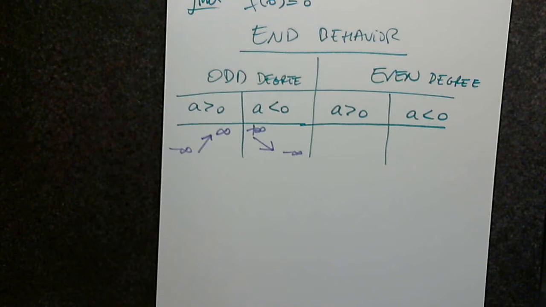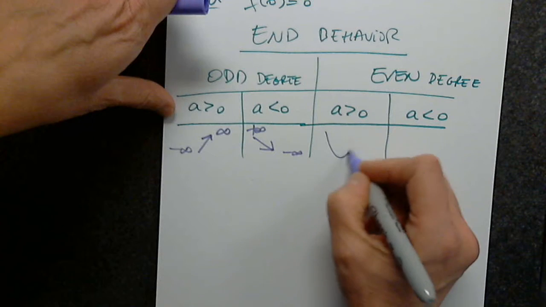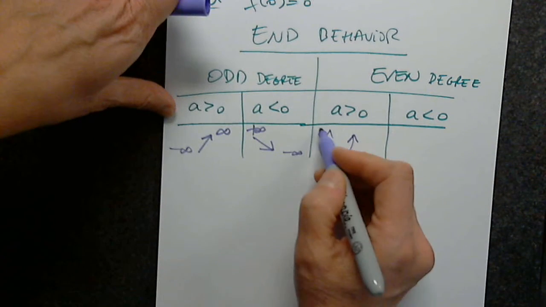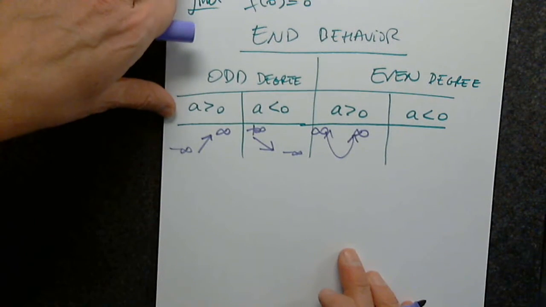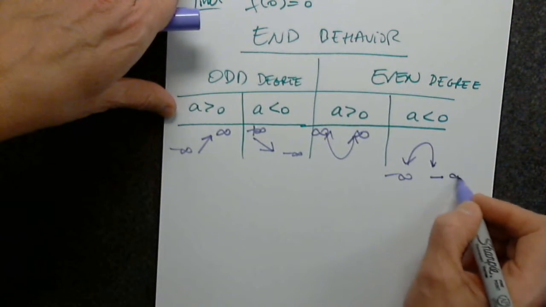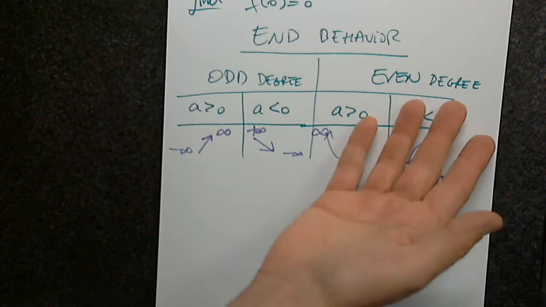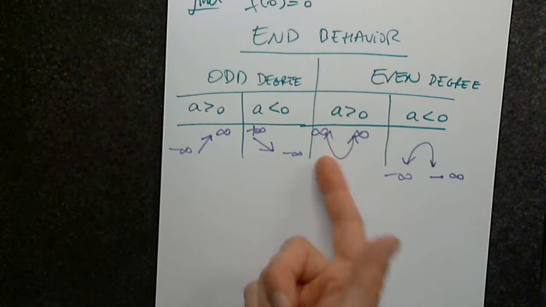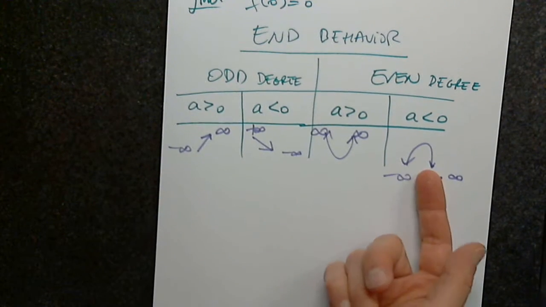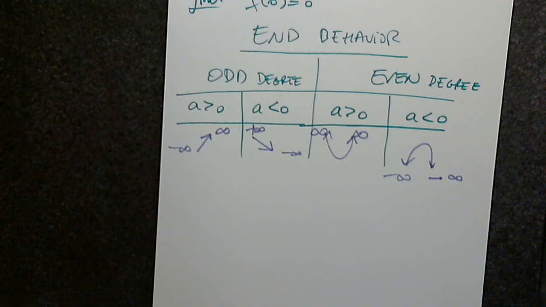Yes, that's what the quadratic function does. So for a positive leading coefficient, from positive infinity back to positive infinity. For a negative leading coefficient, from negative infinity back to negative infinity. All even degree polynomial functions will behave this way or this way. All odd degree polynomial functions will behave in this way or that way.